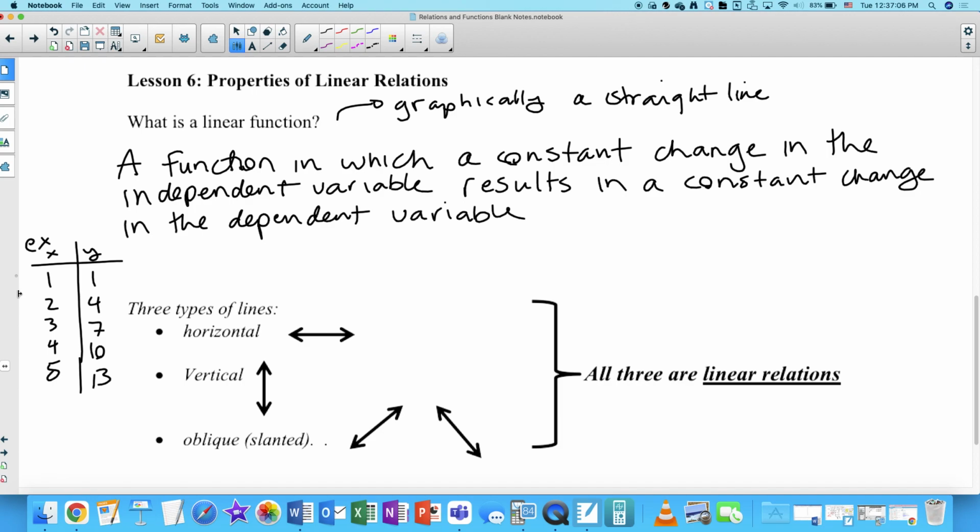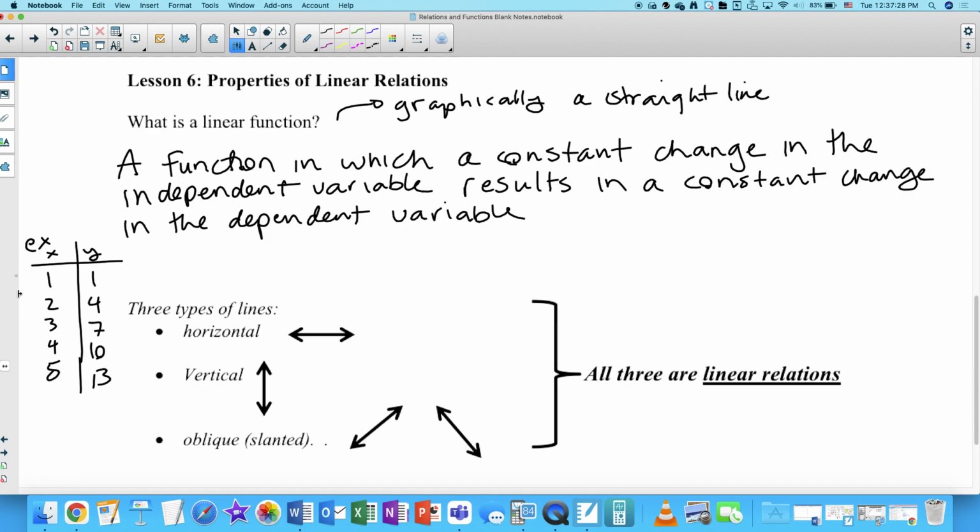Graphically, that one's the easiest: it looks like a line. We may also have to look at a table of values and say, is this linear? And we may have to look at a description of a situation and tell if that situation could be modeled with a linear function.